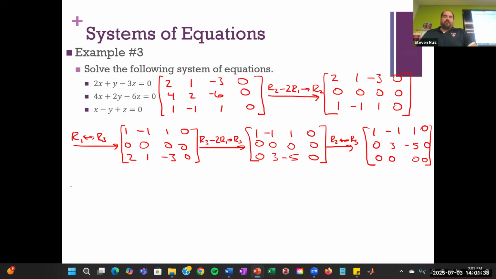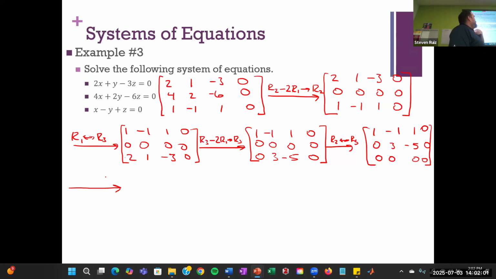I want a 1 in the middle still. How can I make that happen? Yeah, so remember, at this step, we can't put row 1 anywhere else. We can do things to alter row 1, but we don't want to use row 1 to alter row 2 or row 3.